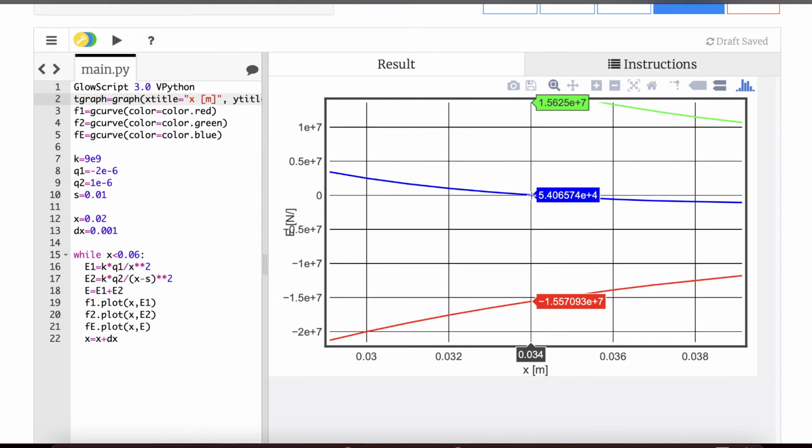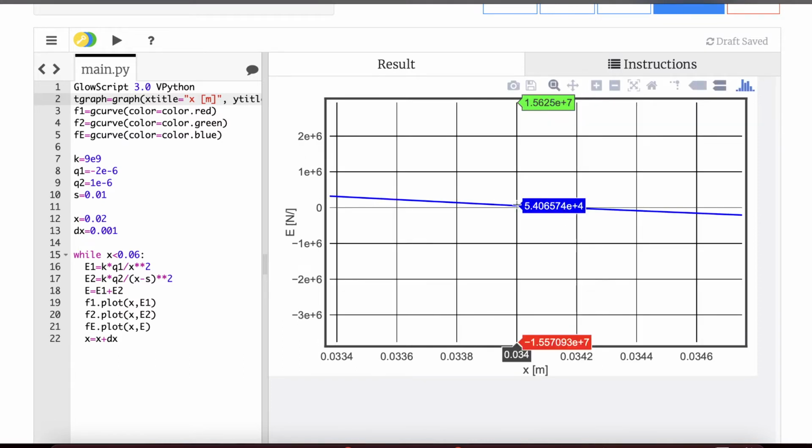So what's the value of x right there? 0.0, we can zoom in more. Oh, it doesn't have a value. That's the data point. It's just hopping to the data points, I think. Well, it looks like around 0.034. That's the location.